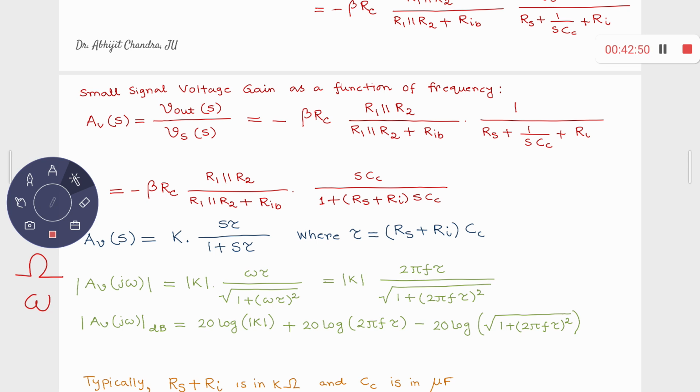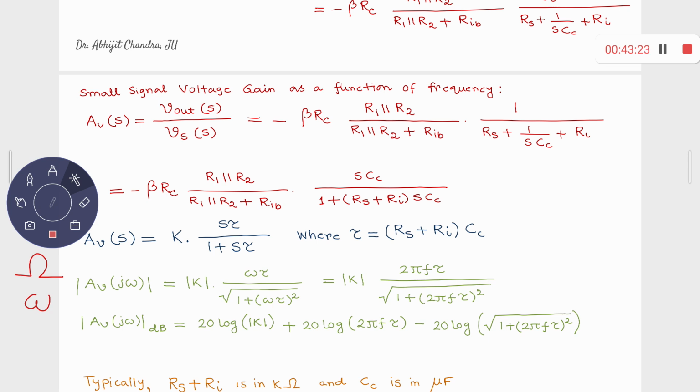So you have log mod K plus log 2 pi f tau, and then minus log of square root of 1 plus 4 pi square f square tau square, because this is in the denominator. When you take the log and multiply this log value by 20, it is known as the decibel value, the dB value. So A_V(j omega) in dB is given by 20 log mod K plus 20 log 2 pi f tau minus 20 log square root of this entire thing.